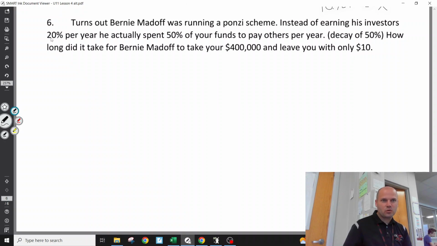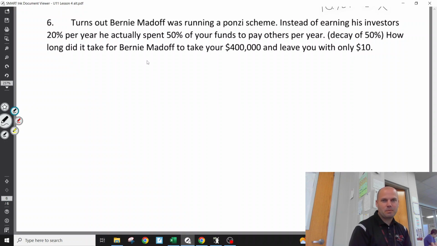Instead of earning his investors 20% per year, he actually spent the funds that you gave him. He spent it on himself, on his employees. He did not invest a single penny in it. It is the largest Ponzi scheme ever, where he took investors' money and just gave it to others or spent it themselves. So you would lose 50% of your funds per year.